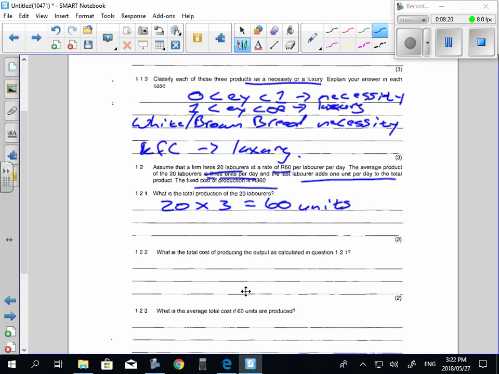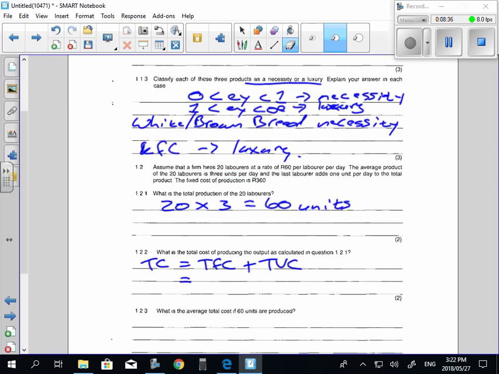What is the total cost of producing the output as calculated in the question above? So remember, total cost is equal to total fixed cost plus total variable cost. They've already told us that our total fixed cost is 360.